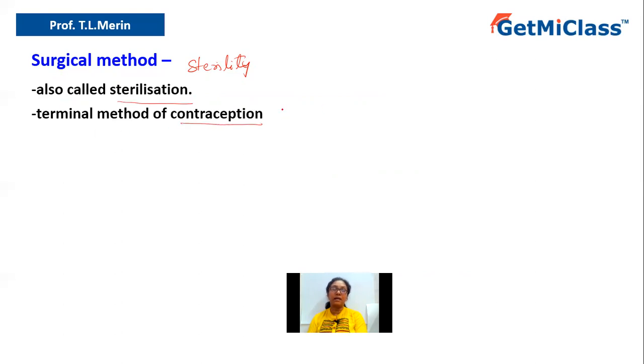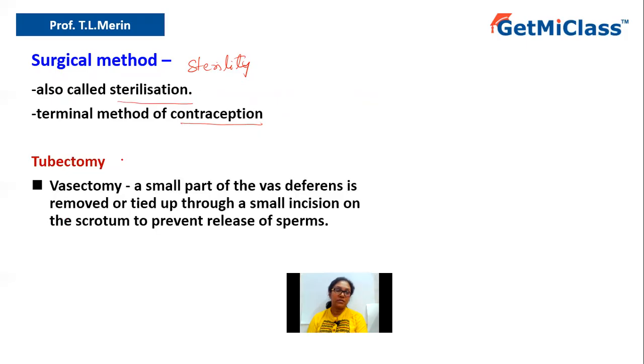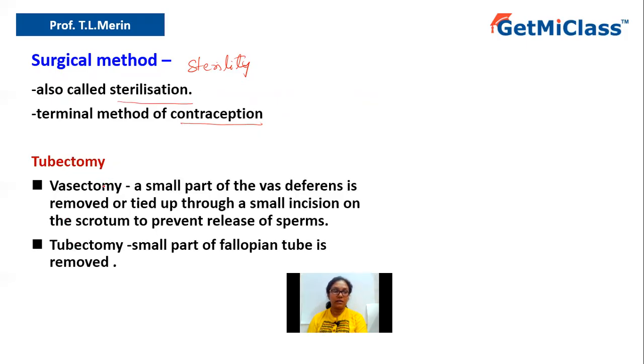Terminal, like at the end, if they don't have any other choice and nothing else is working, then they can go for the surgical method. You have two types: vasectomy and tubectomy. Vasectomy is done in males and tubectomy in females. Vasectomy, as the name indicates, refers to the vas deferens, where the tube is cut and tied so that the sperms are not released.